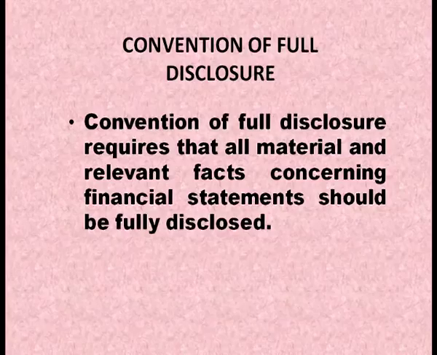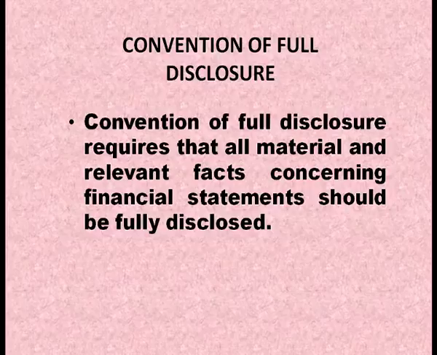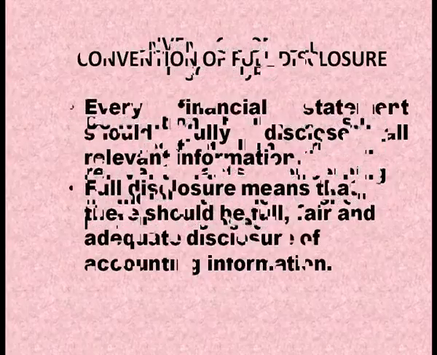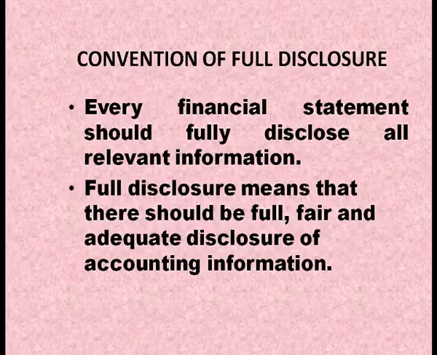Next, convention of full disclosure. Convention of full disclosure requires that all material and relevant facts concerning financial statements should be fully disclosed. Every financial statement should fully disclose all relevant information.